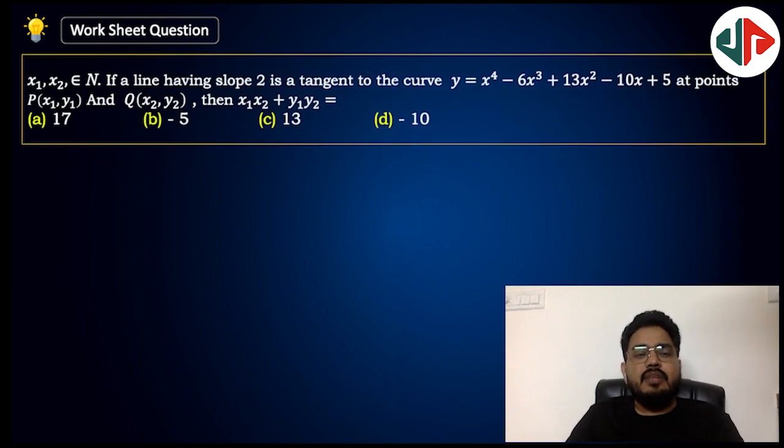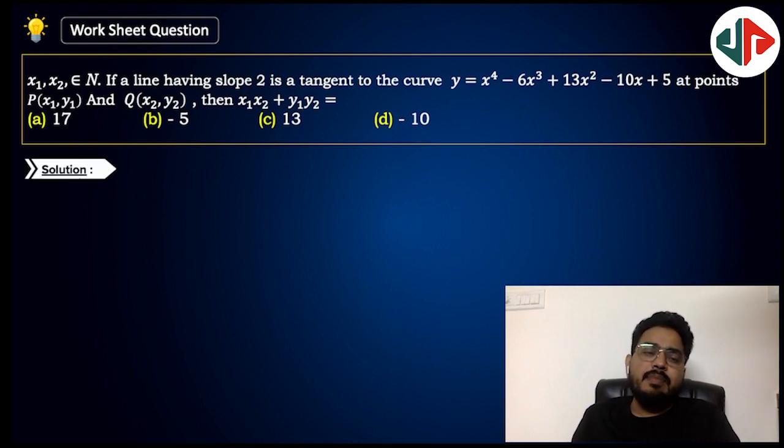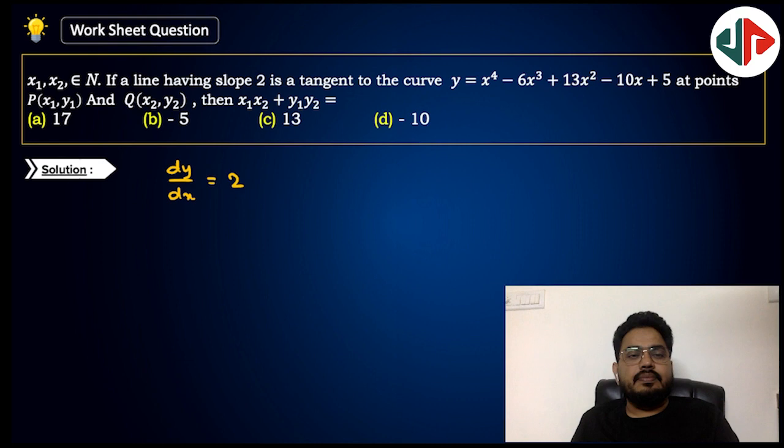x1, x2 are natural numbers. If a line having slope 2 is a tangent to the curve at the points (x1, y1) and (x2, y2), then dy by dx is equal to 2.